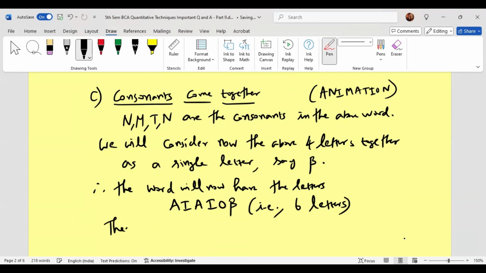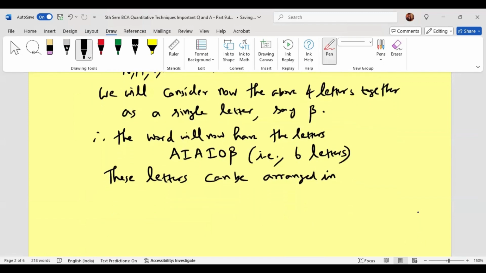These letters can be arranged in how many ways? 6 factorial in the numerator divided by A is repeating twice, so 2 factorial. I repeats twice, so again 2 factorial, whereas O and beta occurs only once.